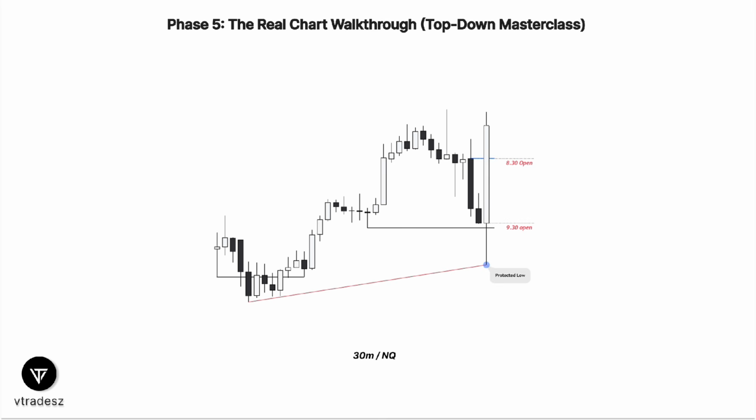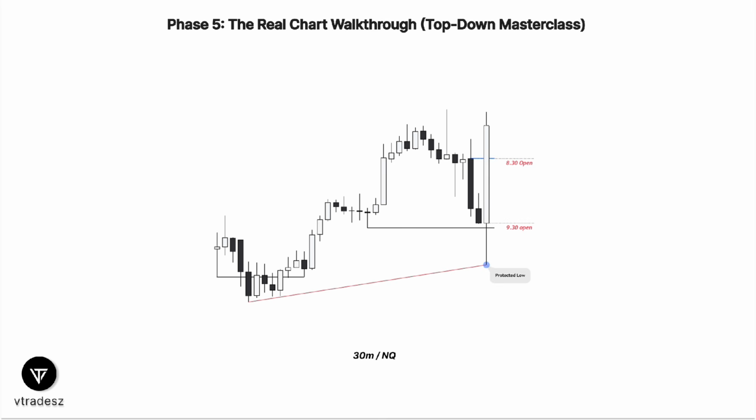Now we drop to the 30-minute chart to watch how the New York session engineers liquidity. Watch the session opens closely. We get the 8:30 a.m. open and price starts dropping. Then the 9:30 a.m. equities open hits and price aggressively drops again. Retail traders see this morning weakness, panic, and start shorting.